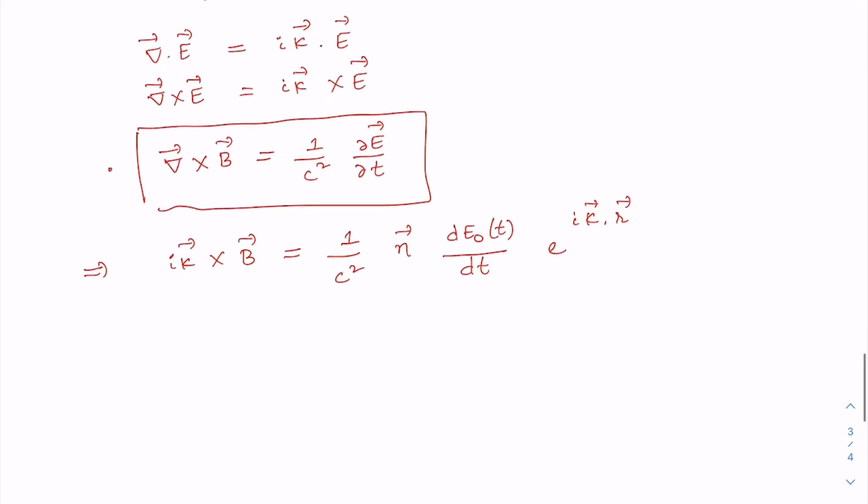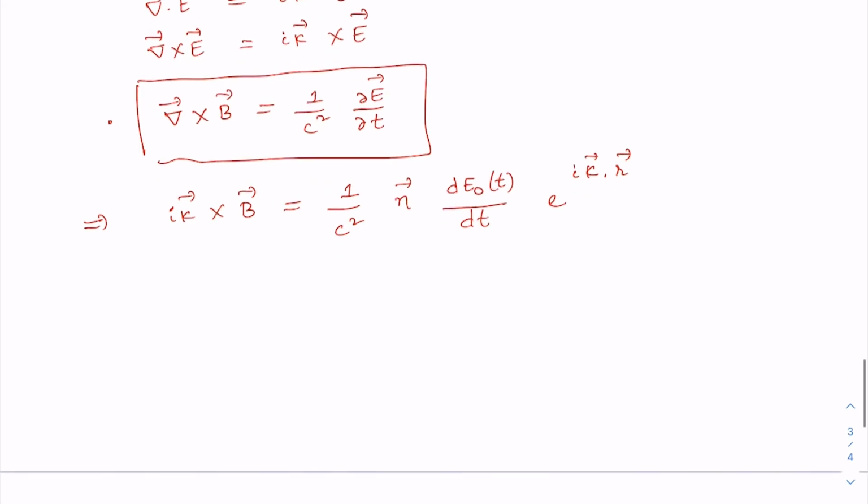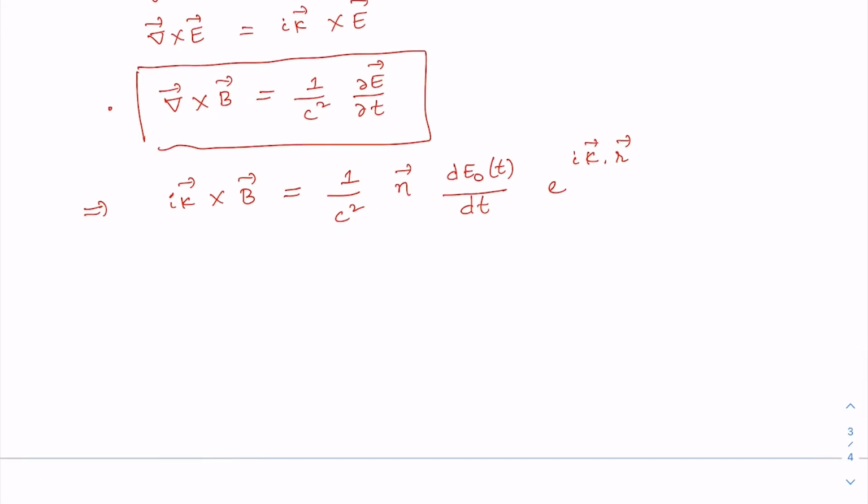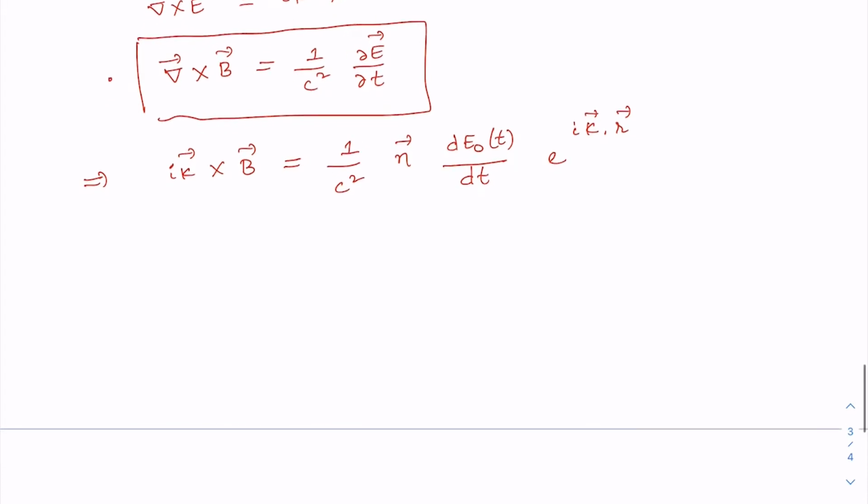I'm not writing the complex conjugate part because B is also accompanied by a complex conjugate. Later, when we find the expression for the magnetic field, I will write down the complex conjugate part, because B also has to be a real quantity. It's a measurable quantity.